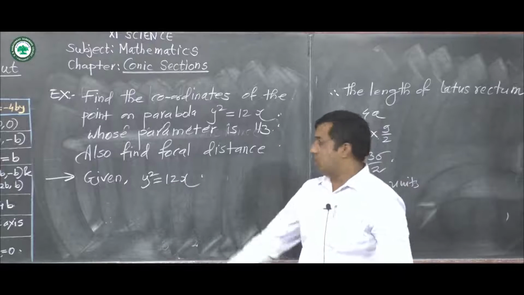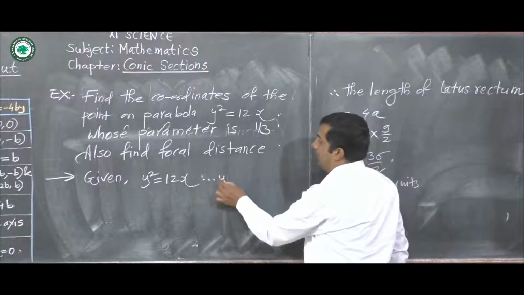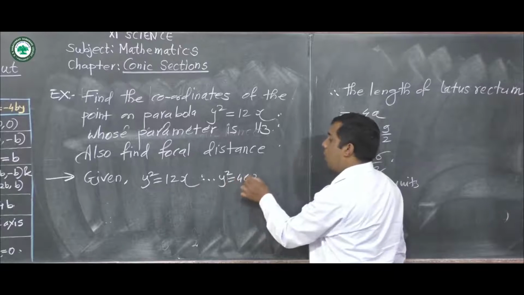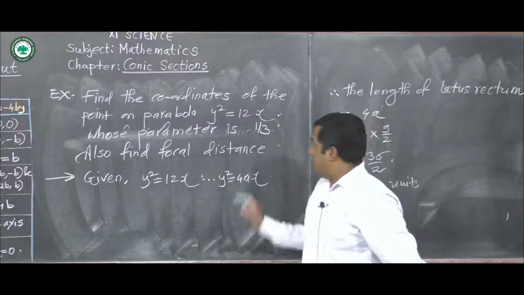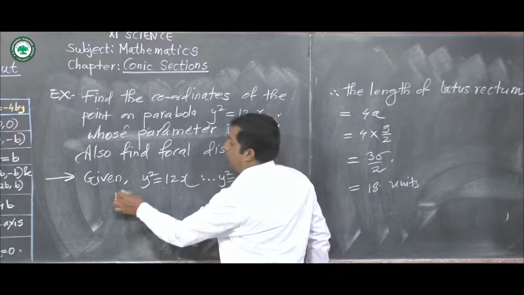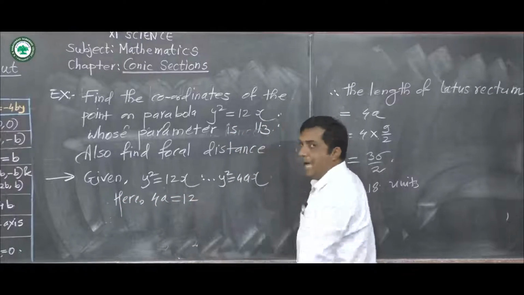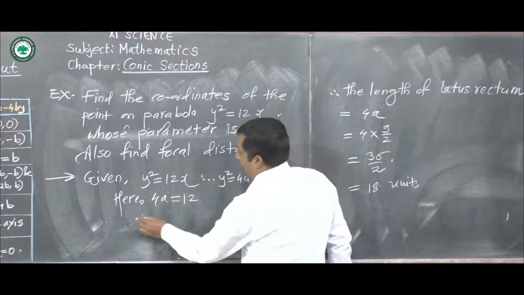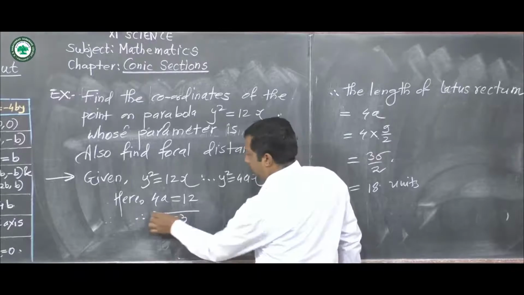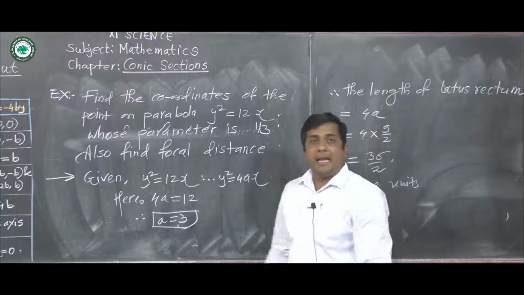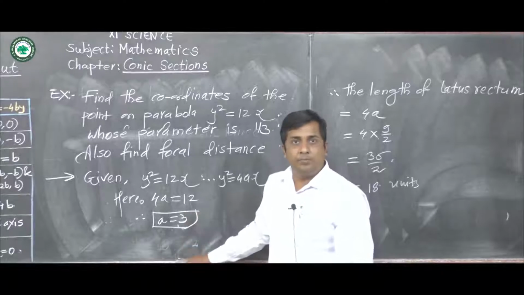Everyone knows this is of the form y square is equal to 4ax. If we compare these two, we get 4a is equal to 12, which means a is equal to 3.